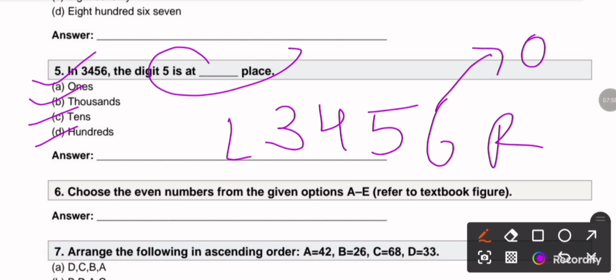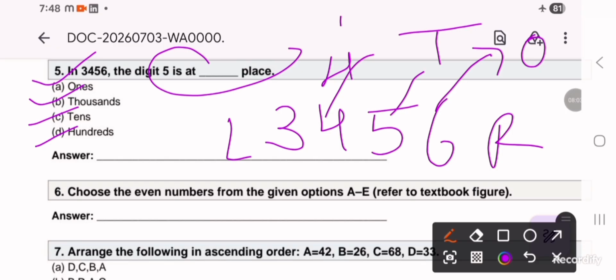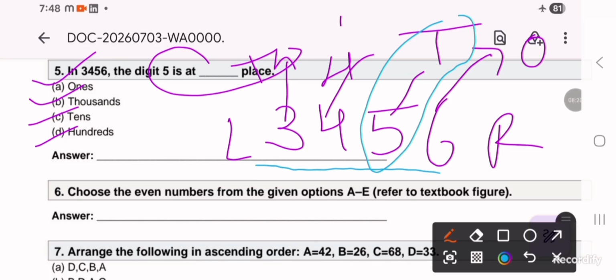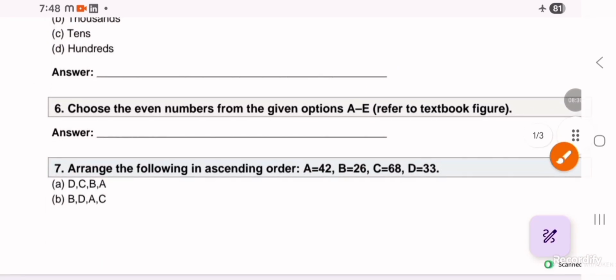This is ones place, this is tens place, this is hundreds place, and this is thousands place. In this number, 5 is present at tens place. So the correct answer is tens. Go through to the next question.